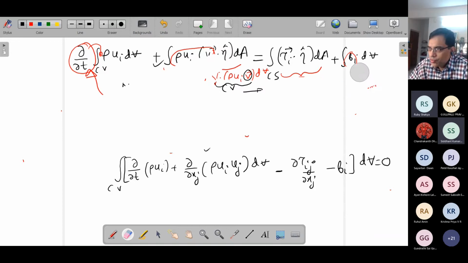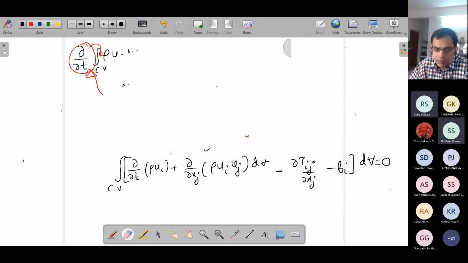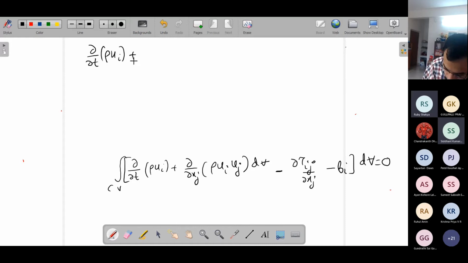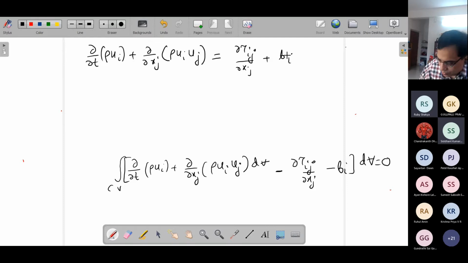So we are left with the equation. In fact, this is a differential equation of momentum conservation, and it includes all sorts of forces, including viscous forces that will be there in this tau ij. So a very, very generic expression.